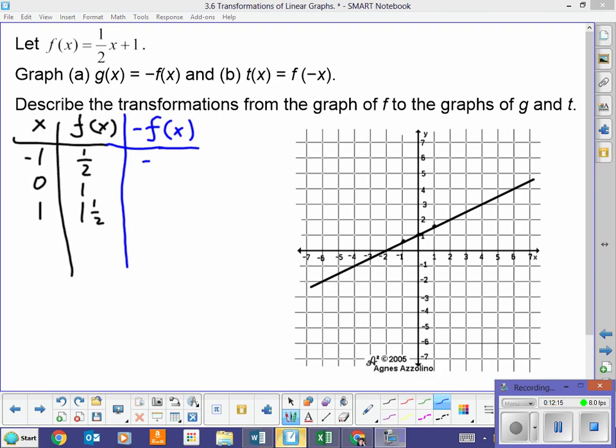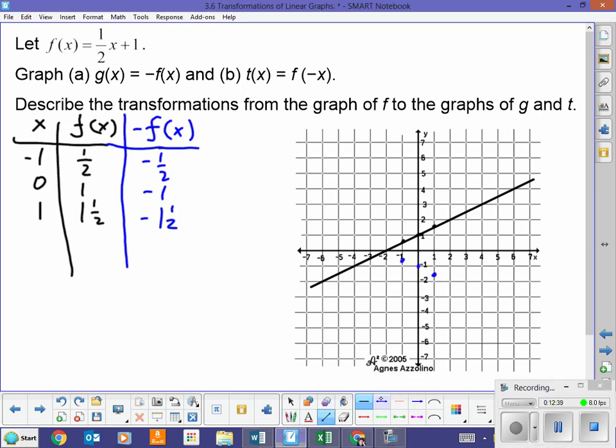So this would be -1/2. This would be -1. This is -1.5. So graphing these, -1 now drops down to -1/2. 0, instead of being 1, will be -1. And 1, instead of being 1.5, will be -1.5. So that's this one.